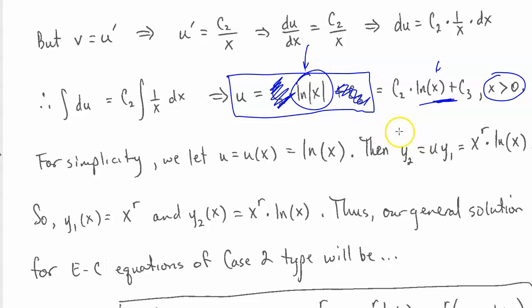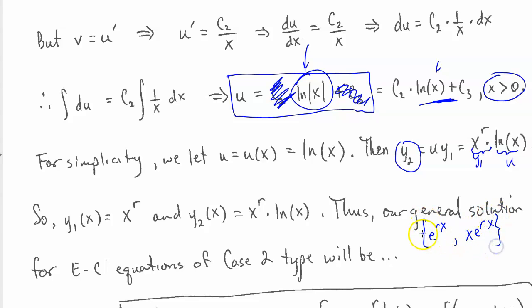So what that means is that our second solution that completes our basis is just going to be y1, which is x raised to the r, times u, which is natural log of x. Just like with the second order linear homogeneous ODEs with constant coefficients, if we had e raised to the rx as the only solution from the characteristic equation, then we had x times e raised to the rx as our second solution from reduction of order.